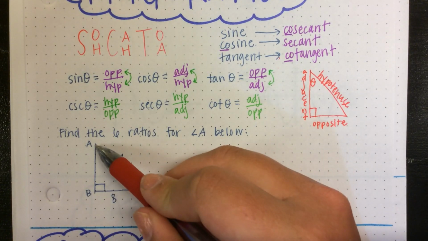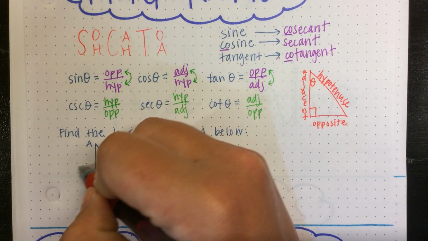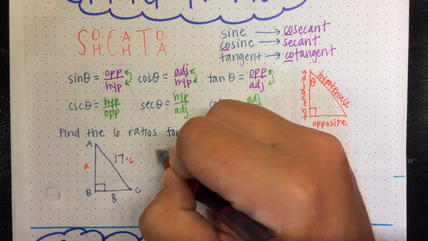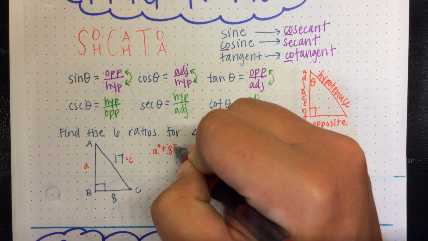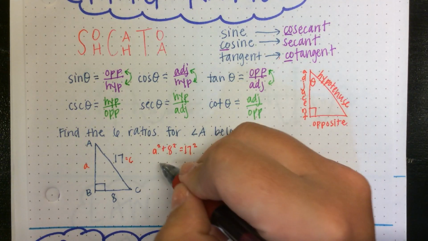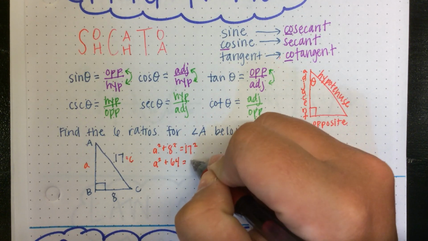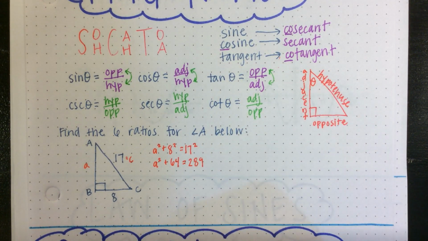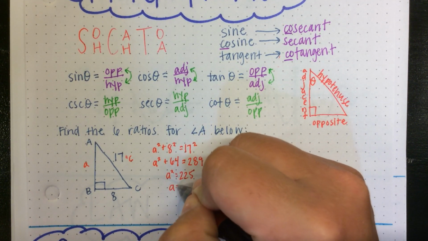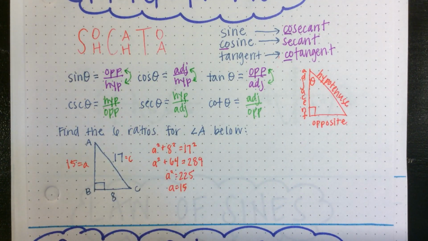My hypotenuse is over here, so that's my C value, and we'll call my missing side A. It could be A, could be B. I'm going to use the Pythagorean theorem: A squared plus 8 squared equals 17 squared. A squared plus 64 equals 289, and then A squared equals 225. Square root it, and we get A equals 15. So now we have all 3 sides of our triangle.